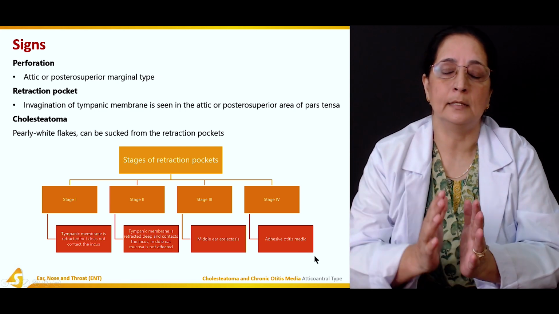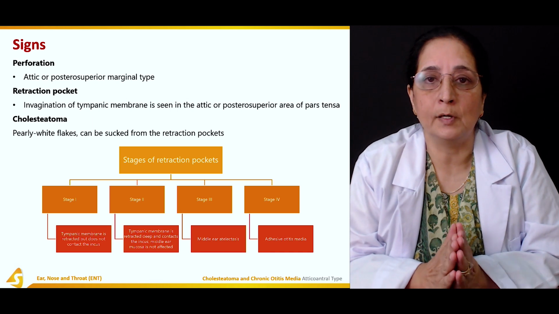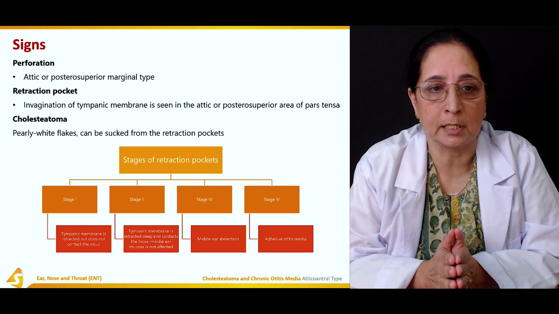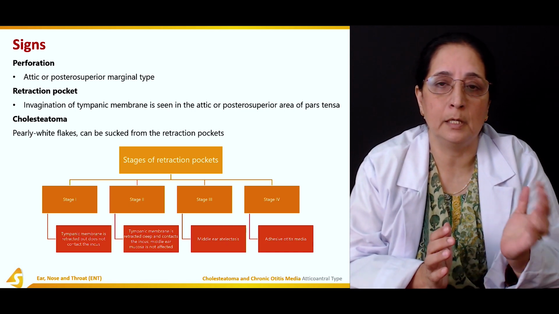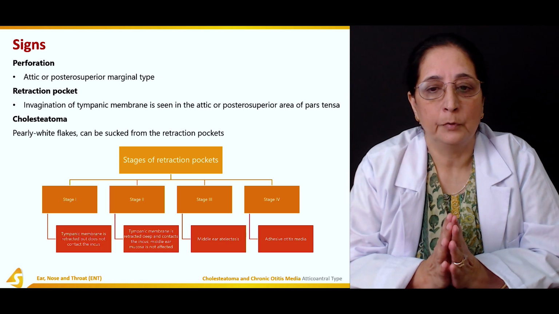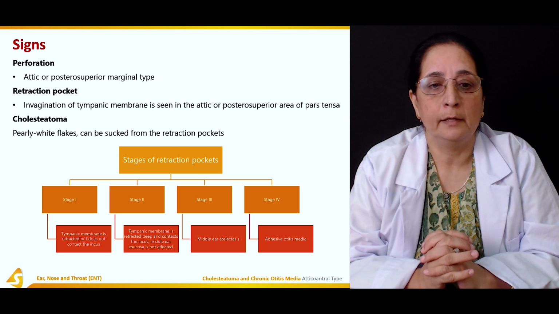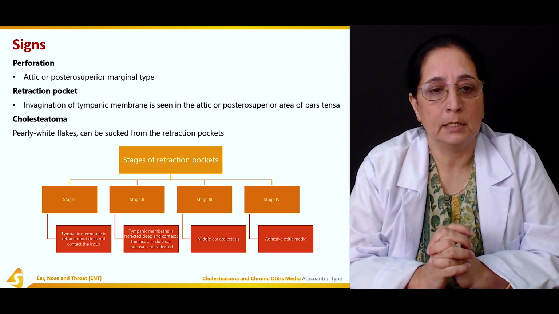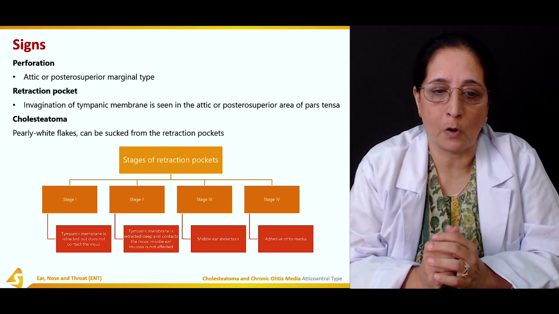So all these are the signs of chronic atticoantral otitis media, the unsafe, dangerous type. There is perforation in the attic or in the postero-superior area of pars tensa. There is cholesteatoma formation, which is white flakes that can be sucked from the retraction pocket.